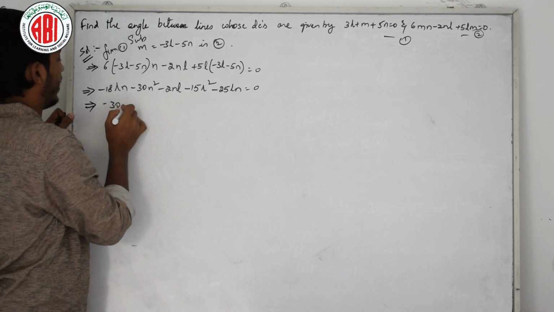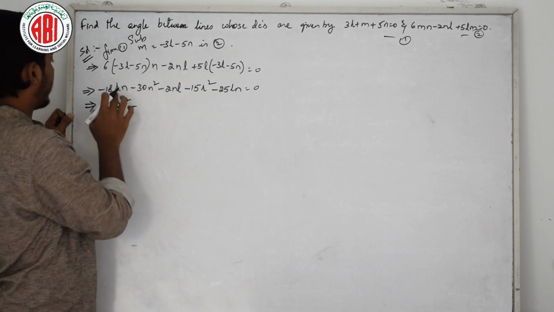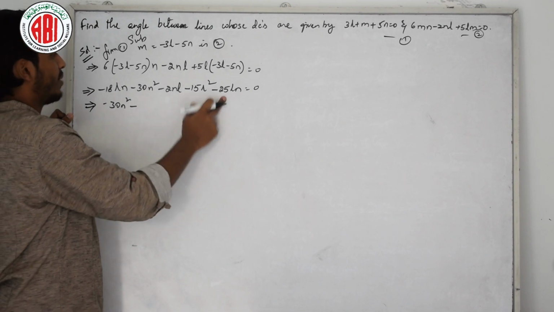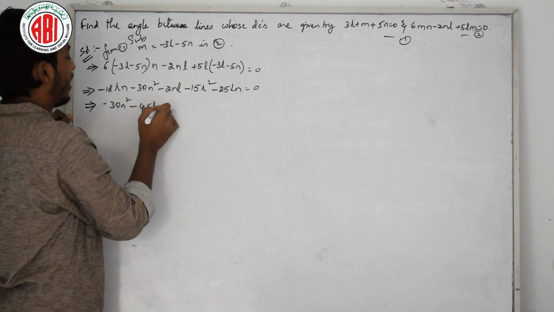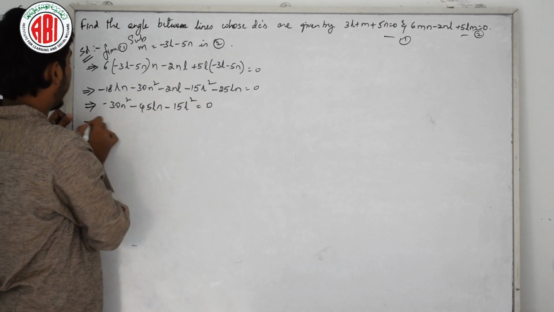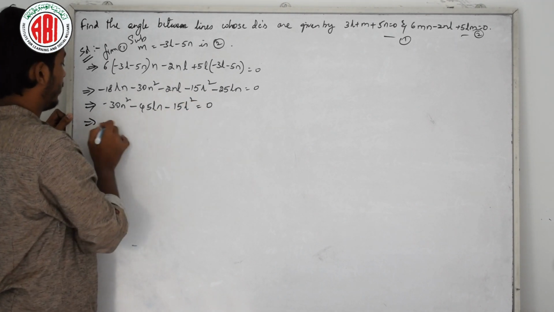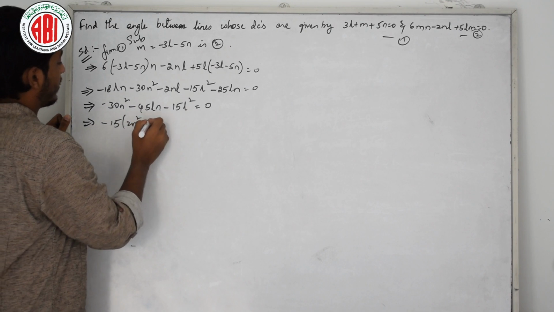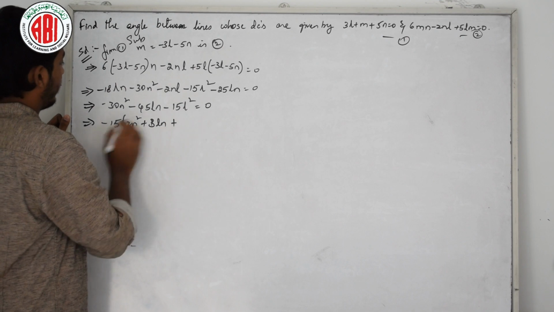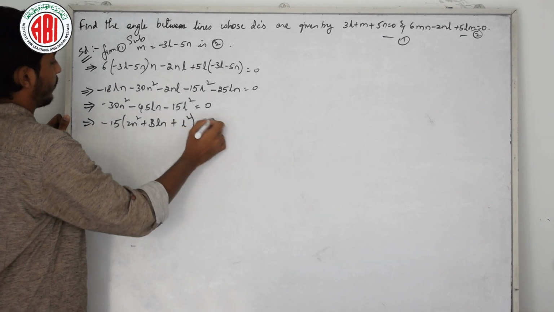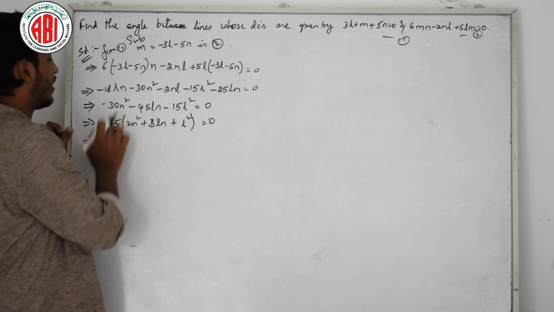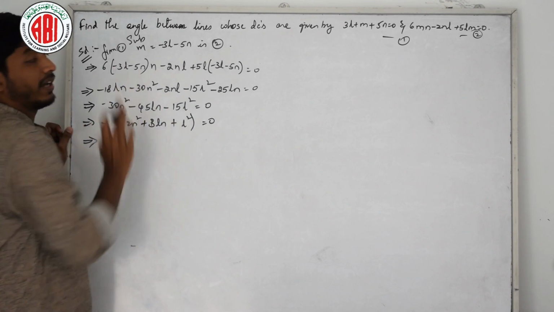Minus 30n square, and for ln, minus 18 minus 2, that is minus 20, minus 20 minus 25 is minus 45ln, here minus 15l square. Can I take minus 15 common? 2n square plus 3ln plus l square. Isn't it? Once again check here: 15 2s are 30, 15 3s are 45, 15 into 1 is 15.